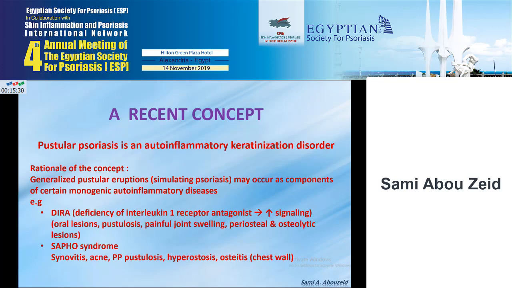And it is manifested by oral lesions, pustulosis, painful joint swelling, periosteal and osteolytic lesions. There is also the SAPHO syndrome, which shows synovitis, acne, palmoplantar pustulosis, hyperostosis, and osteitis in the chest wall.